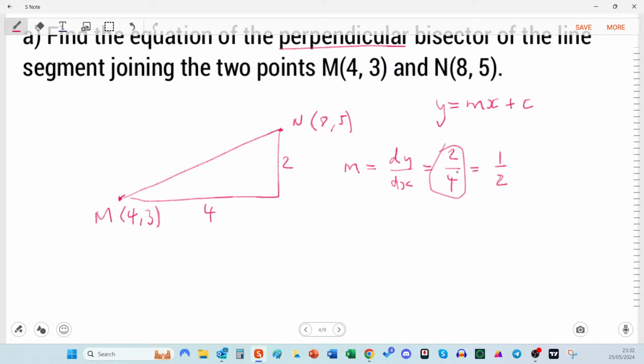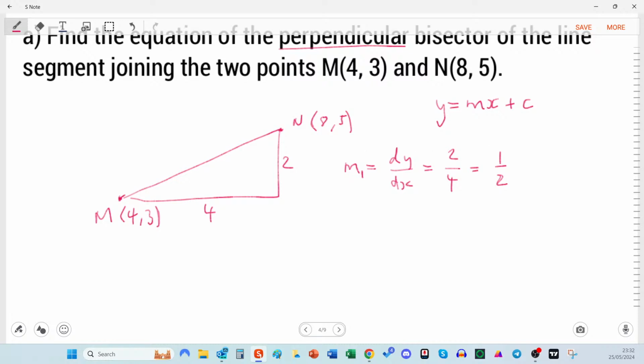It's at this point where you think, oh, that can't be right. It's a fraction, and I hate fractions. Well, fractions are good. Okay, trust me. So with this gradient, from M to N, just for the sake of it, we'll call it the first gradient, M1.